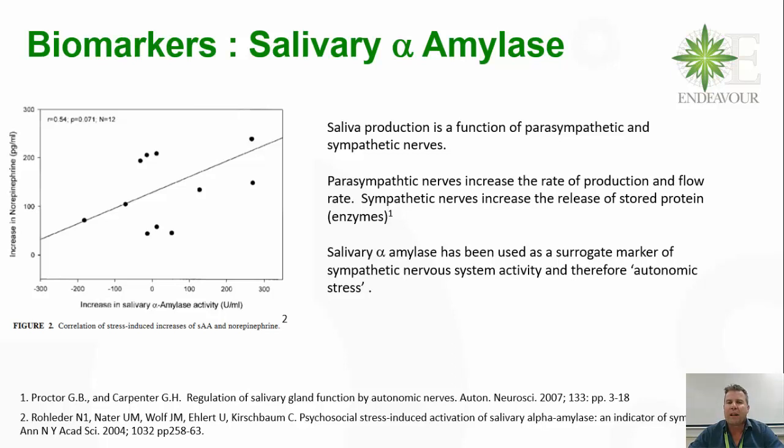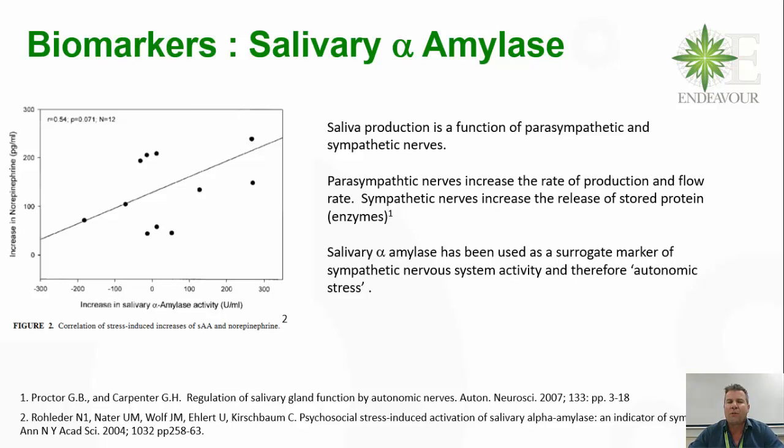Okay, well, think back. You might remember that saliva production is a function of parasympathetic and sympathetic nerves. And we've normally talked about the function that the parasympathetic nervous system does is increase the rate of production and flow of saliva.